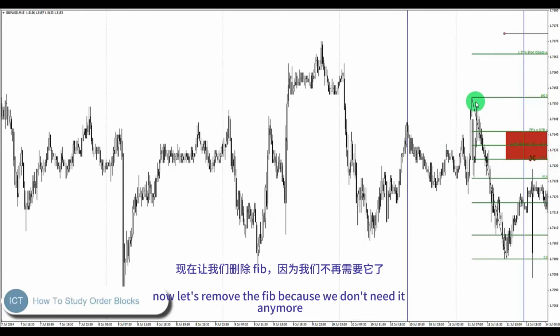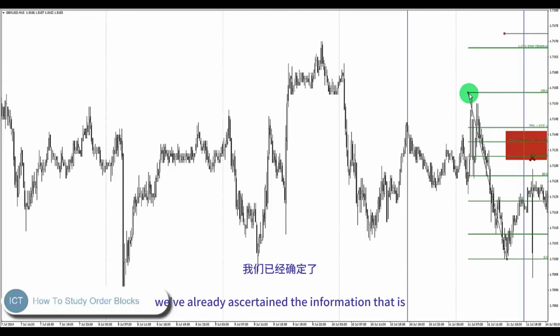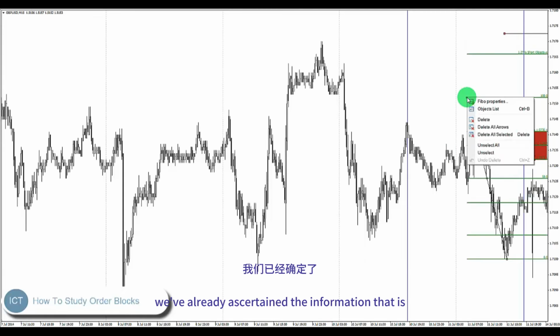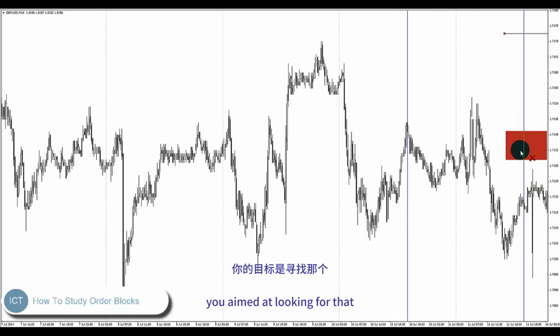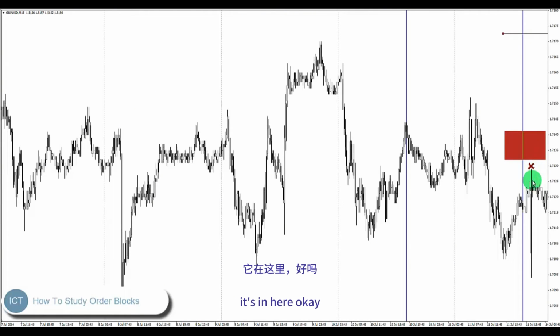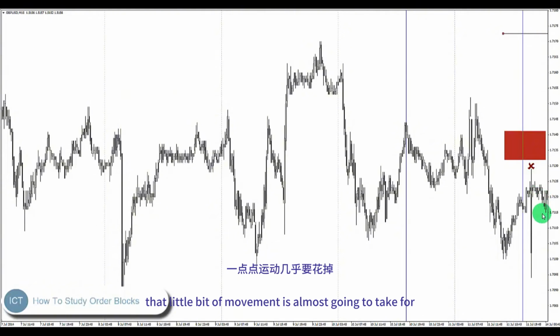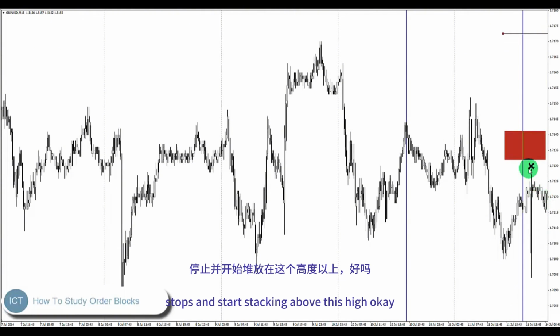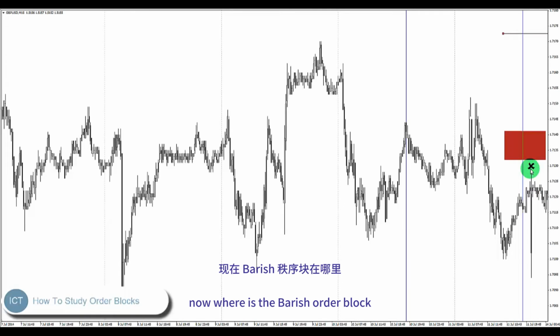Now, let's remove the fib because we don't need it anymore. We've already ascertained the information that is aimed at looking for that. And the idea next is that we view the short-term high that's in here, as price starts to drop down in there, that little bit of movement is all it's going to take for stops to start stacking above this high. Okay, now where is the bearish order block?